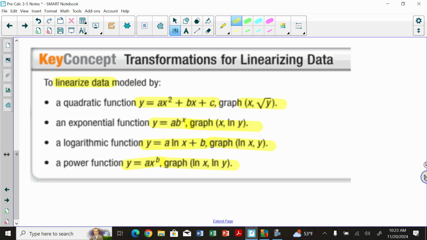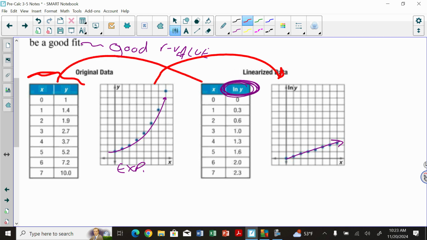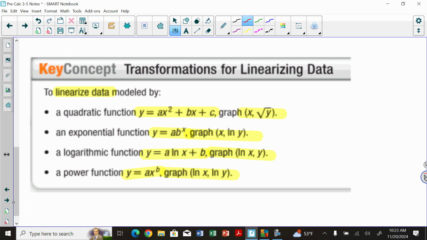So these are how you go from your original model, or from your original table of values, to your linearized one. X, y becomes one of these things down here when we graph it.